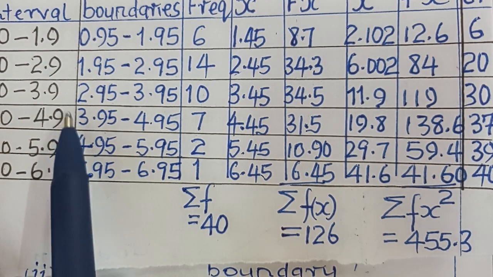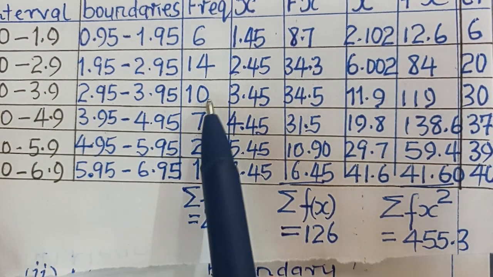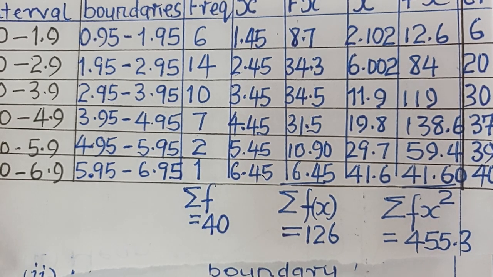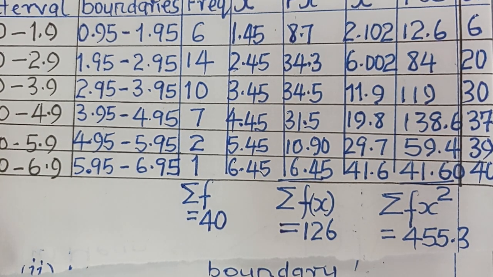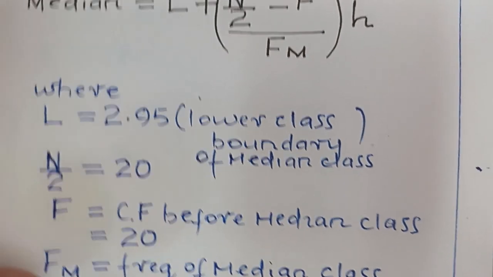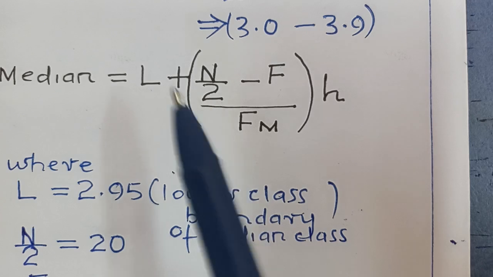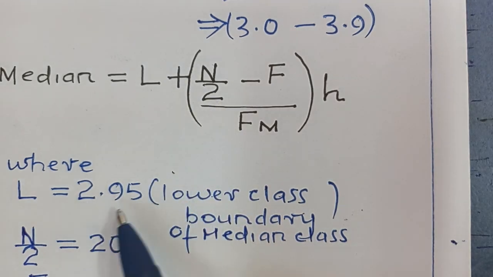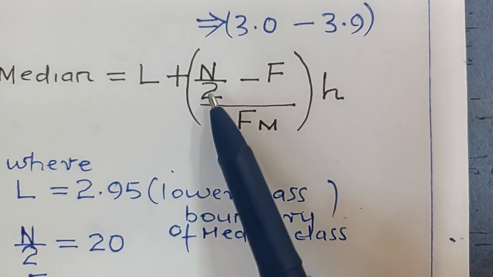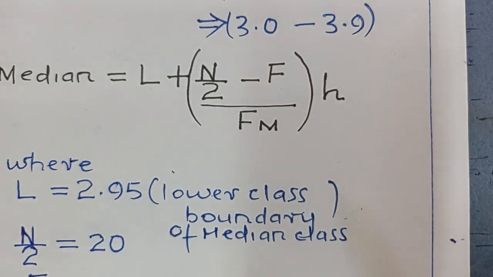Then the frequency of the median class. Our median class is here, and the frequency is 10. And then h is the class interval. And so therefore, this is what happens when we put in our figures. For L, which is 2.95. For n, which is 40 divided by 2, this comes to 20.